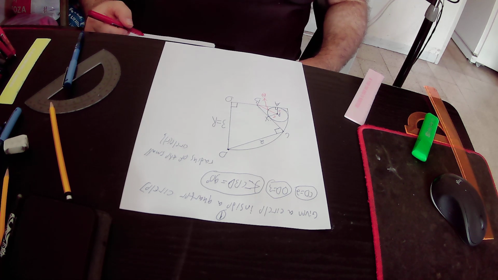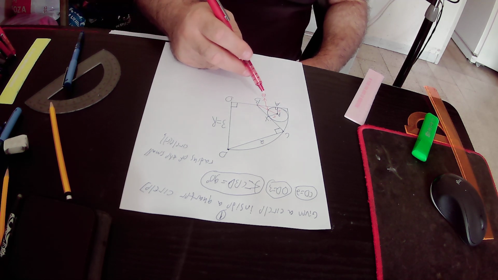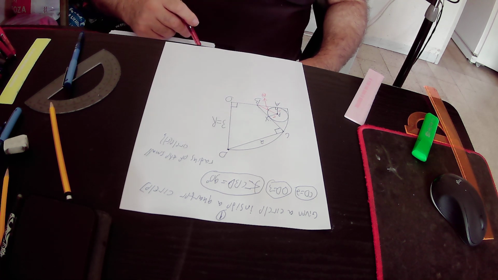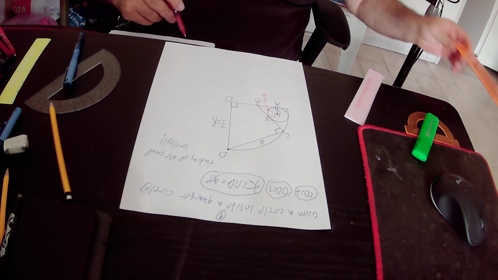So in the next step, we will prove that triangle ABP is congruent to triangle PBX. So I will draw those two triangles again.